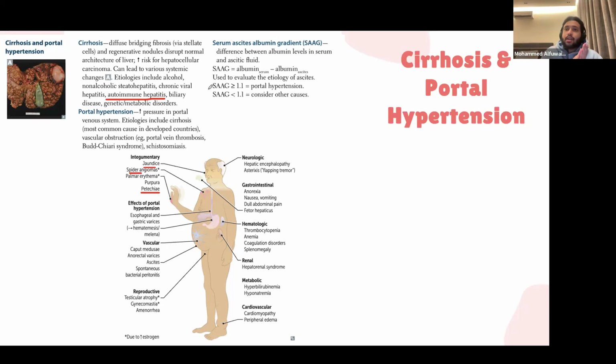Now, I'll give you symptoms and you tell me what manifestation of portal hypertension they have. The most important is this one. A known patient with cirrhosis, alcoholic, let's just say, presents with painless hematemesis. Varices, good. This is esophageal varices.